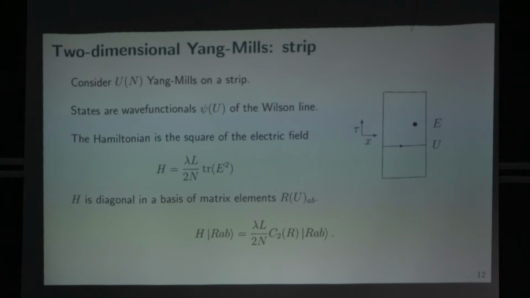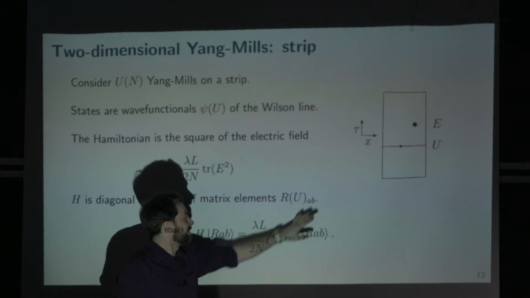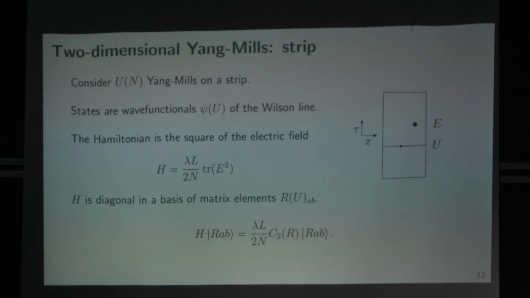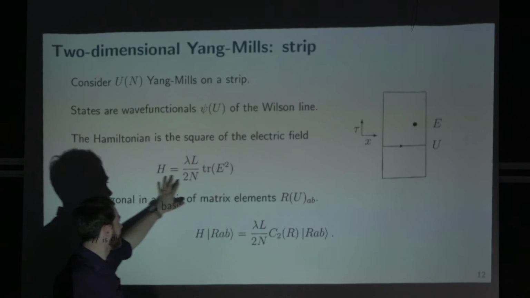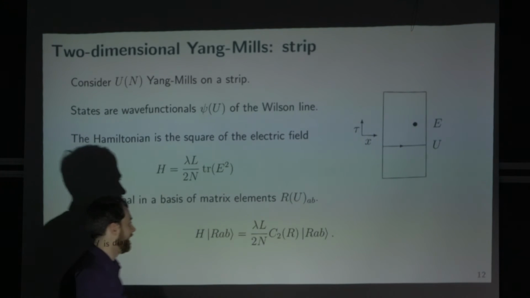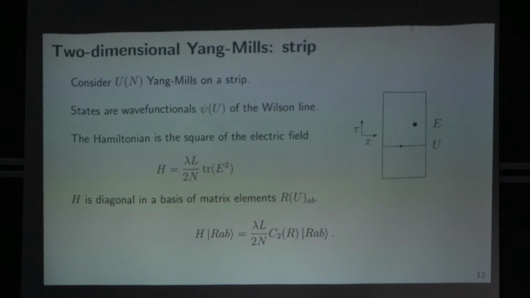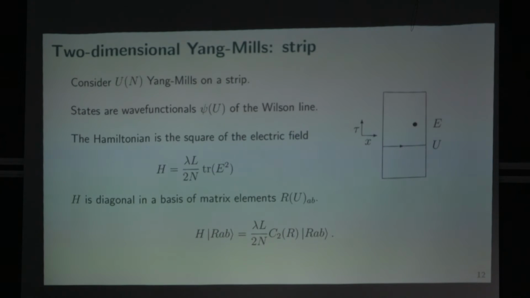The Hamiltonian is still the trace of E squared, but because there isn't that other gauge invariance condition, there are extra states living at the endpoint. I can still label them by a representation, which is the eigenvalue of this H, but now I have these degrees of freedom at the endpoints, transforming in the representation R.